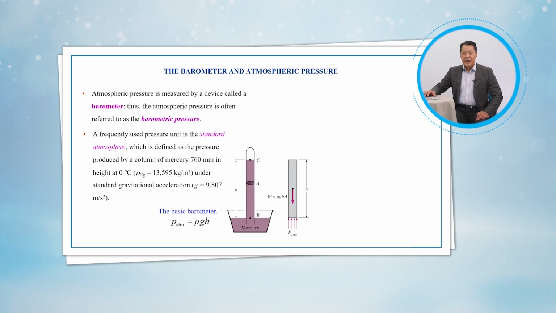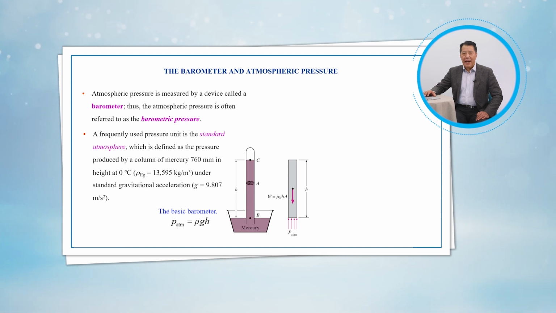The Italian Evangelista Torricelli was the first to conclusively prove that the atmospheric pressure can be measured by inverting a mercury-filled tube into a mercury container that is open to the atmosphere, as shown in the figure.